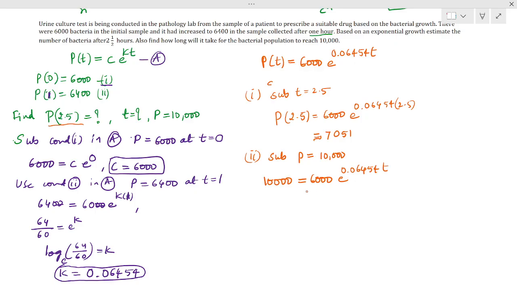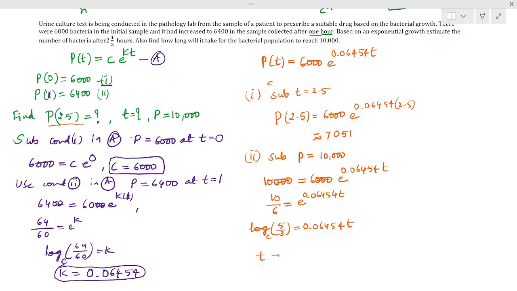Write t as it is. So 3 zeros get cancelled. This is 10 by 6 is equal to e raised to 0.06454 t. Now, as usual, the exponential goes to the left side and it becomes a log. Log to the base e of 10 by 6, which is 5 by 3, is equal to 0.06454 t.